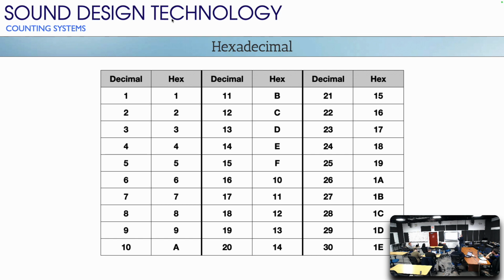And so hexadecimal is a much easier way for us to look at binary numbers. In fact, when you program in MIDI, if you read the general MIDI specification, most of it is written in hexadecimal to represent the binary digits that are happening under the hood.